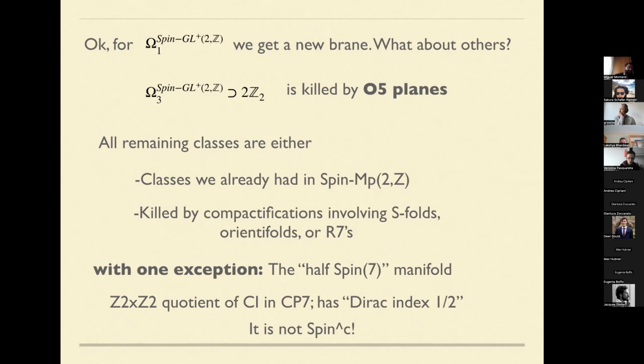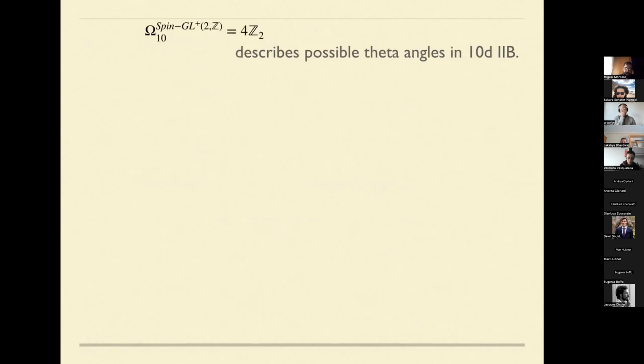And we didn't really think that much about it other than noticing the fact that it exists. But other than that, really the new highlights from the Spin-GL+ calculation are this reflection 7-brane and this half Spin(7) manifold.